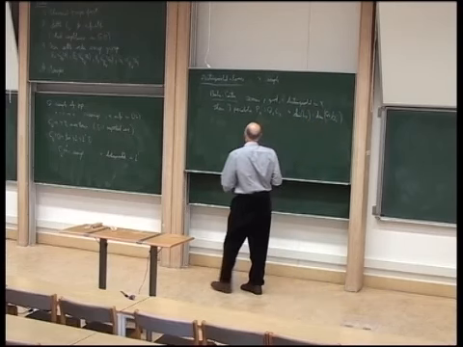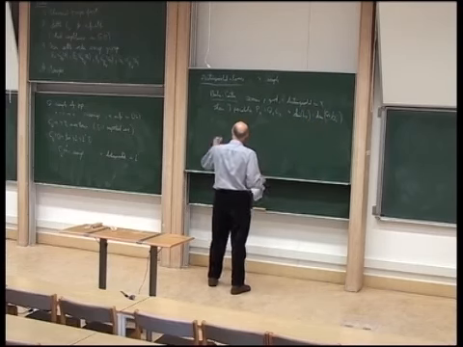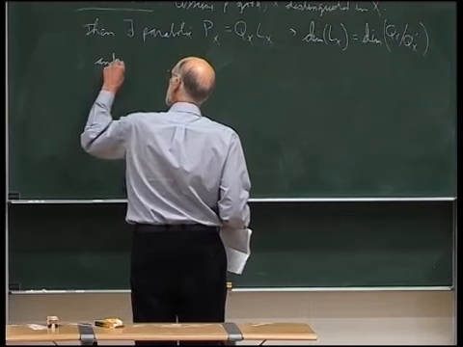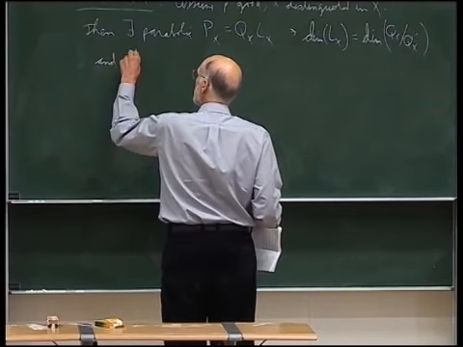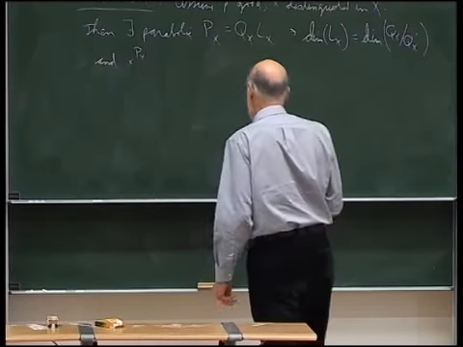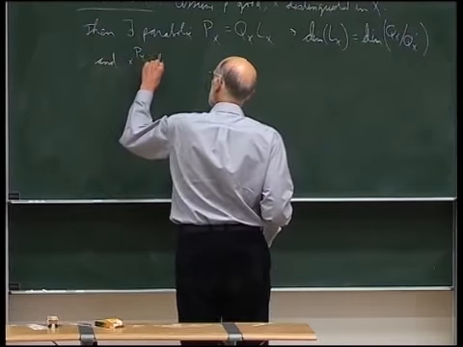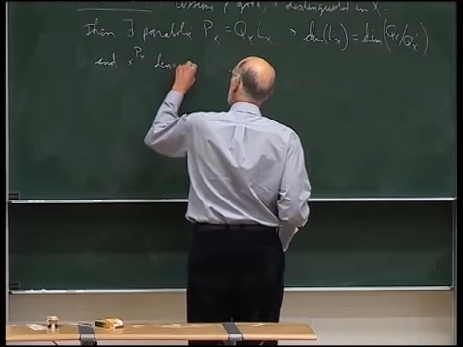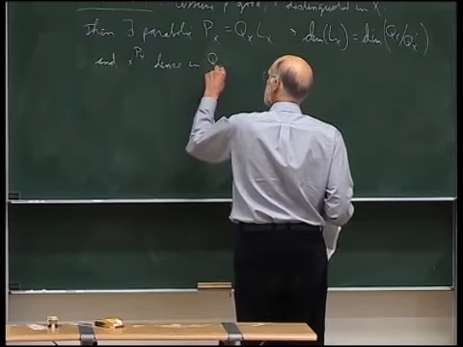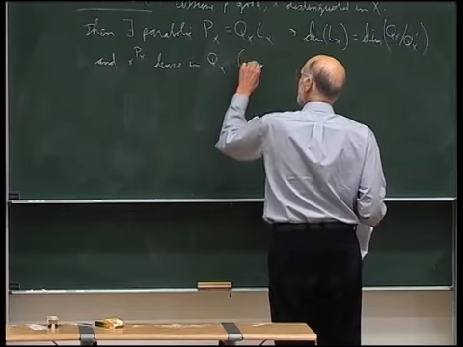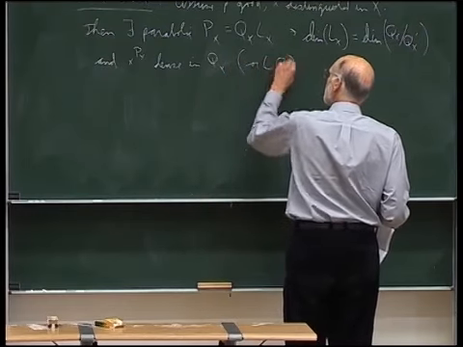That's what happens. And the orbit is dense in Q sub X, and now I better say, or the Lie algebra of Q sub X.